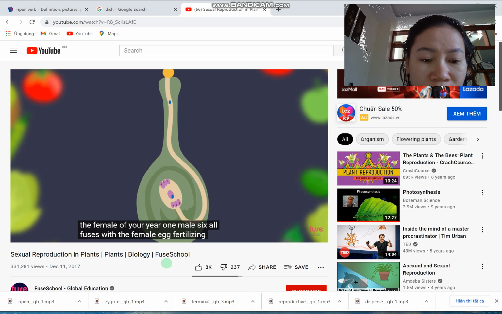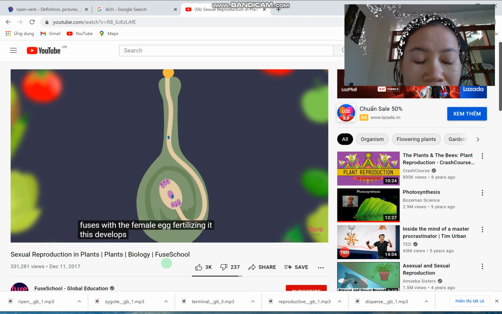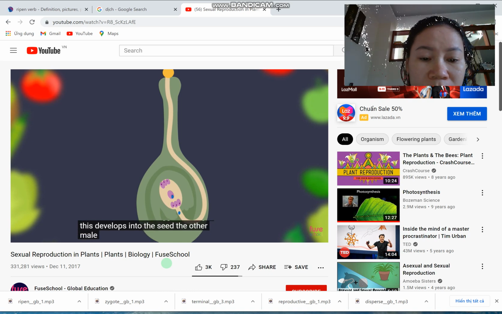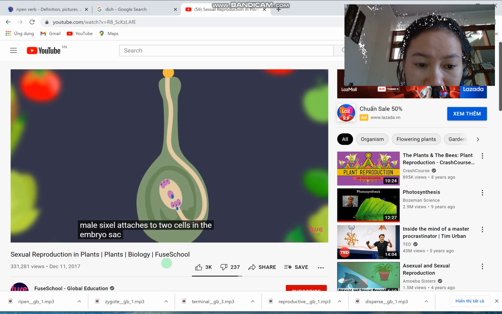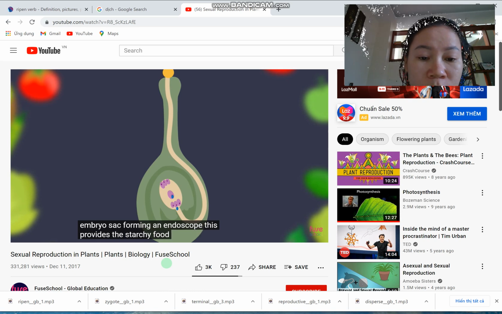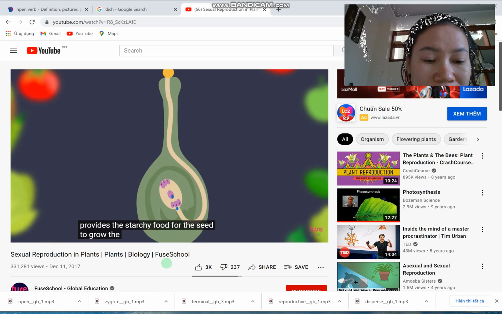Here, one male cell fuses with the female egg, fertilizing it. This develops into the seed embryo. The other male cell attaches to 2 cells in the embryo sac, forming an endosperm. This provides the starchy food for the seed to grow.